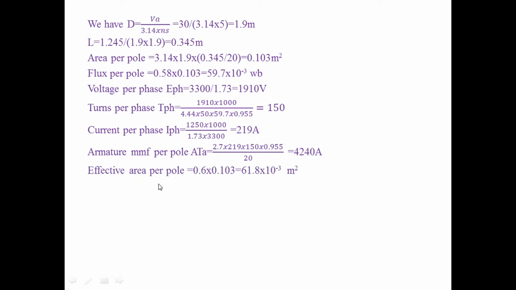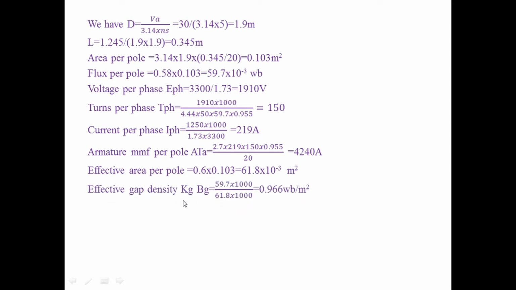Next, effective area per pole. So effective area per pole is 60% of the total area, that is area per pole, correct. So it is given in the problem. So effective area per pole is 60% of the area per pole. So 0.6 into 0.103, so you will be getting 61.8 into 10 to the power minus 3 effective area per pole.